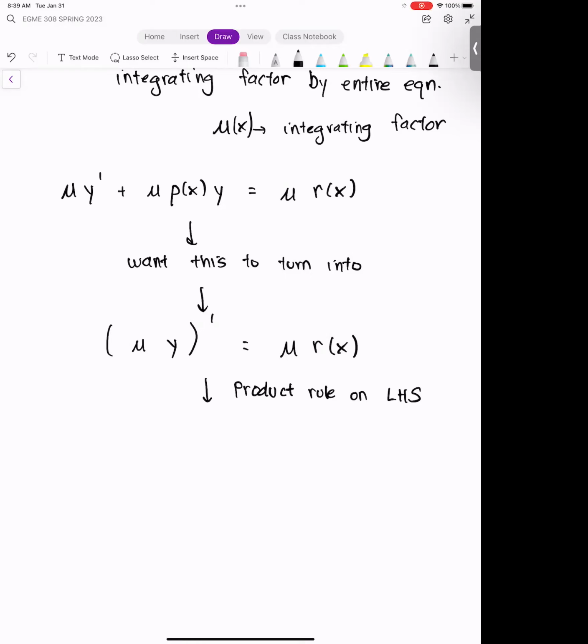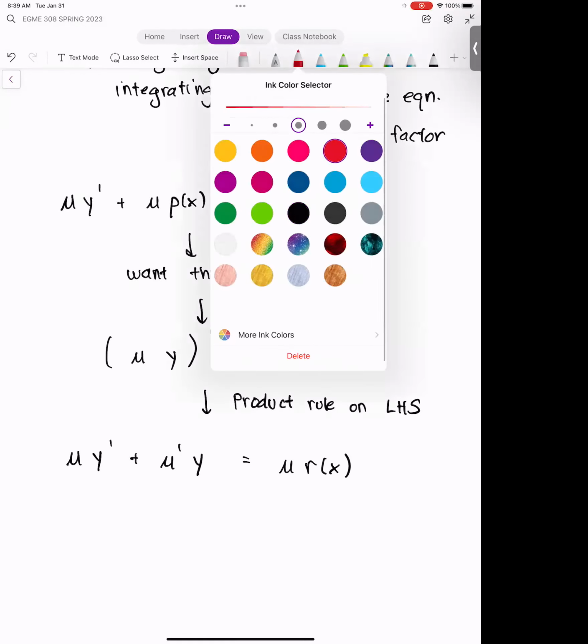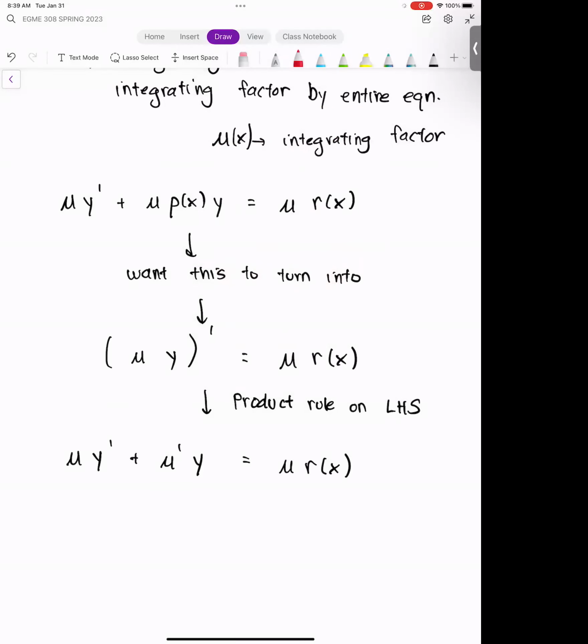What we get is the derivative of the one function multiplied by the other, plus the derivative of the other function multiplied by the first. We have mu y prime plus mu prime y is equal to mu r of x. So all I did in that step was apply the product rule. The product rule is derivative of the first times the second plus derivative of the second times the first, but I swapped them just to make it a little bit easier.